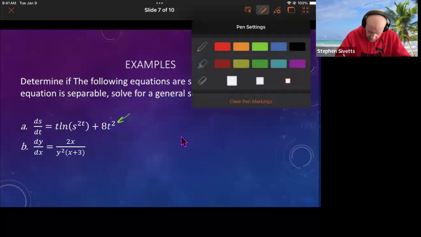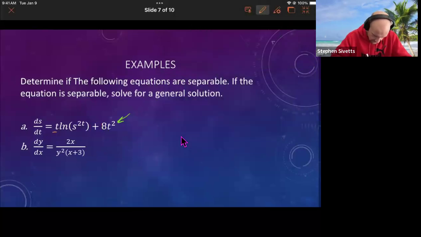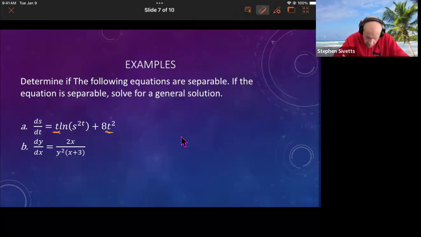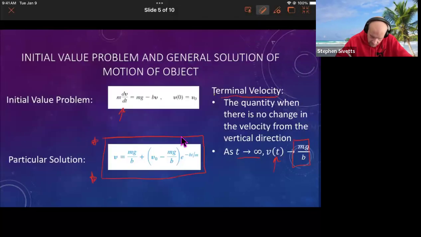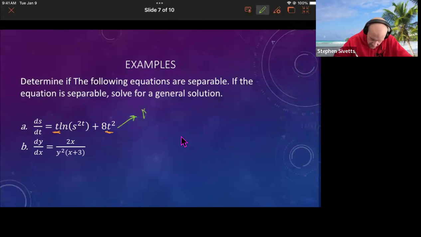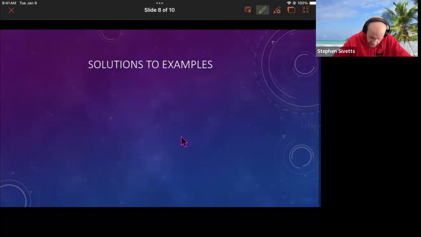And also another fact here is that we have a factor of t here, and we have also another factor of t squared. So that also causes problems too. So in this case, this equation here is not separable. Not separable. Okay?